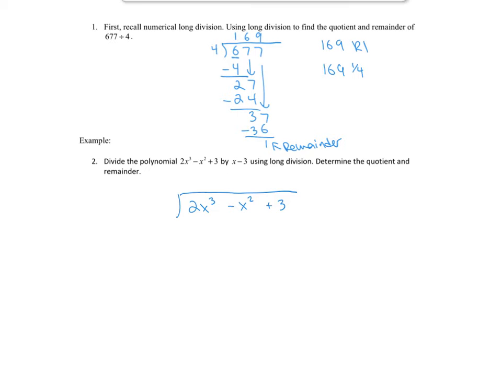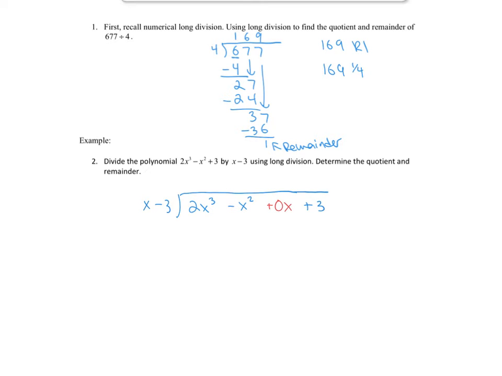I've got 2x to the third minus x squared, and there's no x term. So what I need to do is I'm going to erase my 3 and add in a 0x before I put in the plus 3. So whenever you're missing one of the powers as you go down, you need to put in a 0 to hold the place for that term. Now in the front, I'm going to put x minus 3, my divisor.